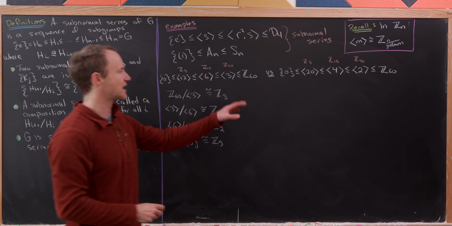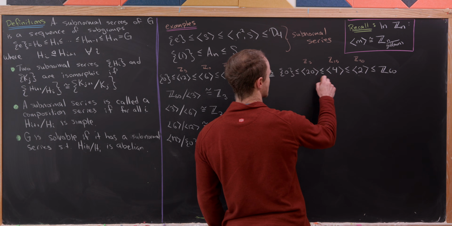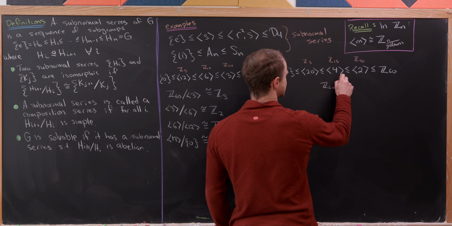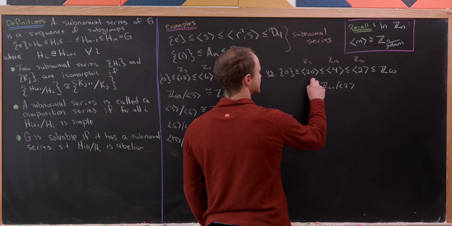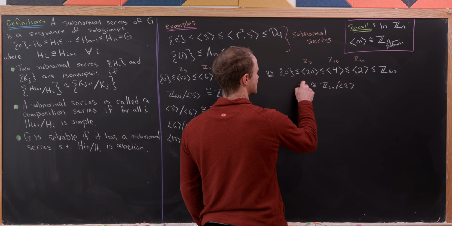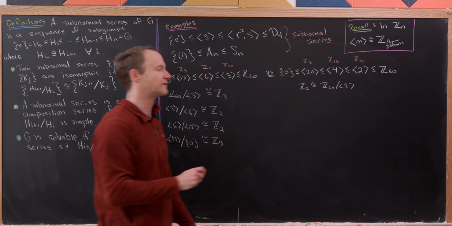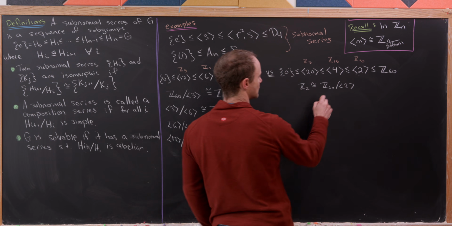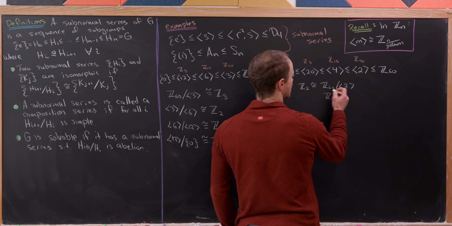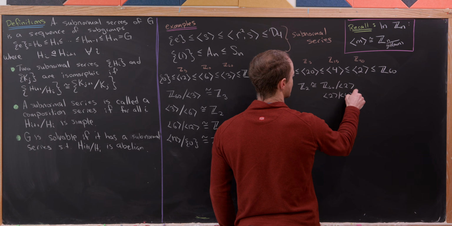Now let's go over here in this direction and just start with Z60 mod the cyclic group generated by 2. But let's observe that that's going to be isomorphic to Z2 for the same sort of argument we've been making. And then we'll do the cyclic group generated by 2, mod out the cyclic group generated by 4.